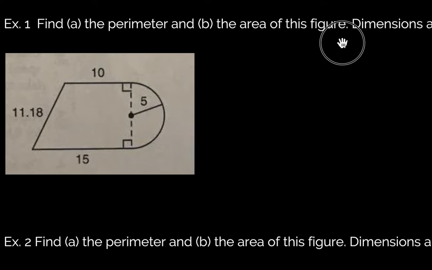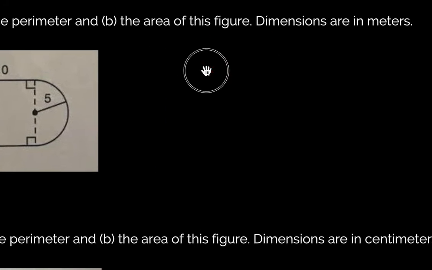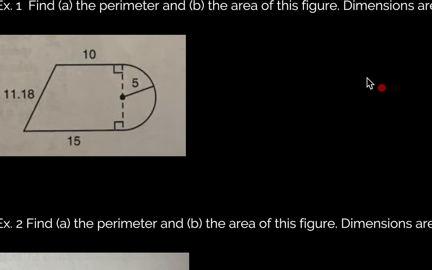We are going to find the perimeter and the area of this figure. The dimensions are in meters. So first thing we're going to do is find the perimeter. The perimeter is the lines that go around the entire thing.